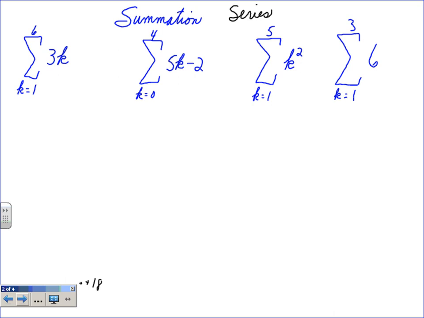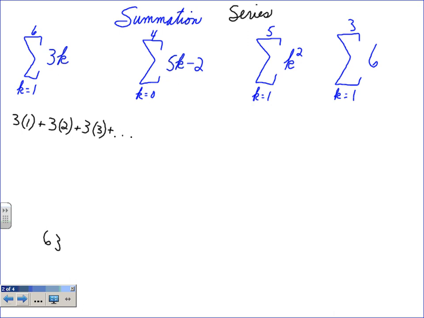So what you're going to do is plug in 1 for k, that's the first term, plus, then you're going to plug in 2 for k, 3 for k, and so on. And you're going to add those numbers together. And you'll find out that the sum here is going to be 63. There's easy ways to do that.